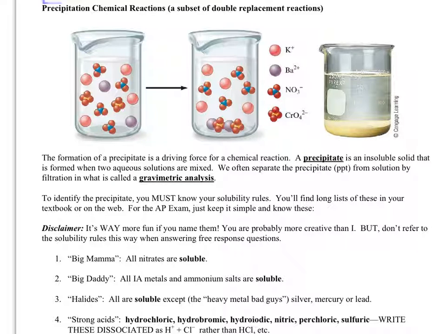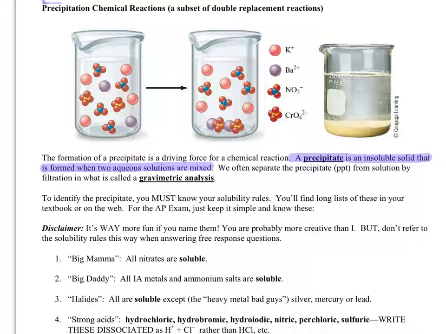The formation of a precipitate is a driving force for a chemical reaction. And here's your official definition. A precipitate is an insoluble solid that is formed when two aqueous solutions are mixed. So we essentially said that on the previous page, but now we're reiterating it. It's the second time you've heard it. You're probably going to be tested over it.